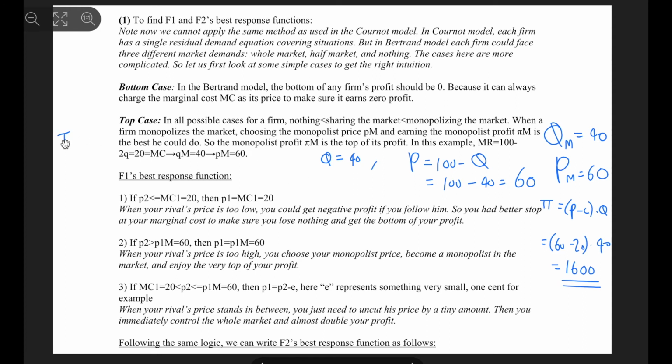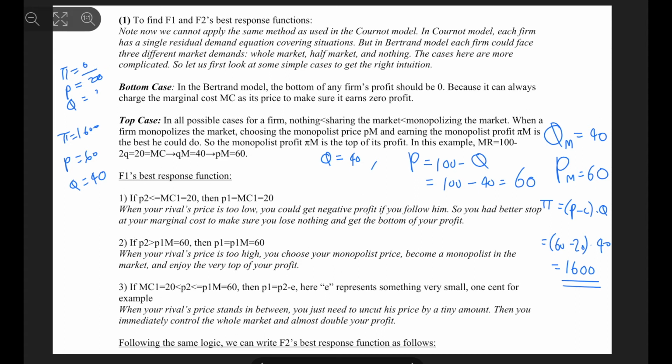The top case profit equals 16,000 with P equals 60, Q equals 40. And bottom case, we have the profit of 0. And if we sell it, we have to have the price at our marginal cost, right? So 20. And the Q, I don't know, because we're getting nothing, so it's better to produce nothing.